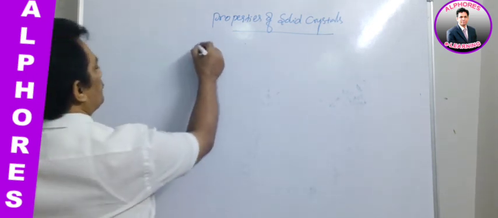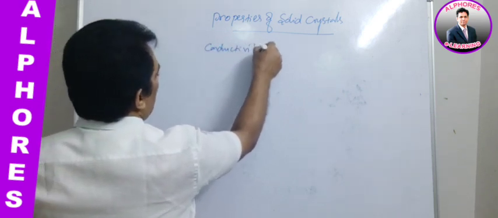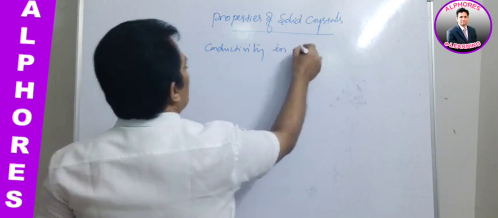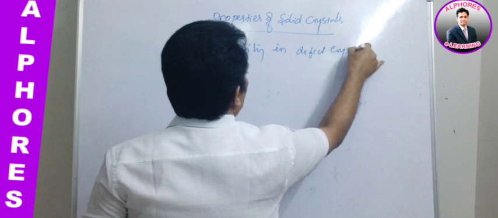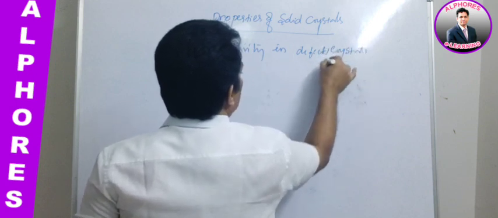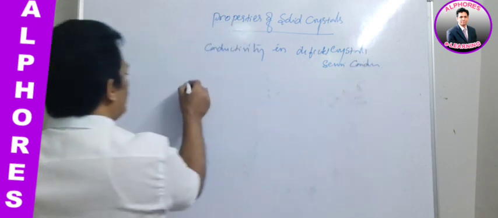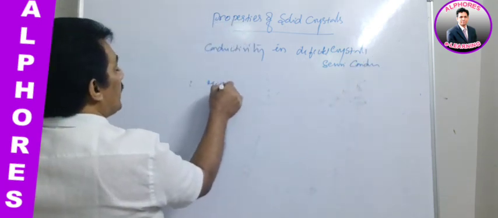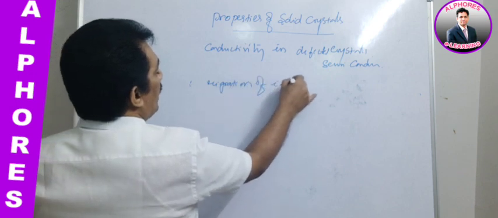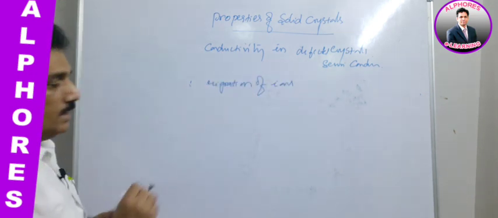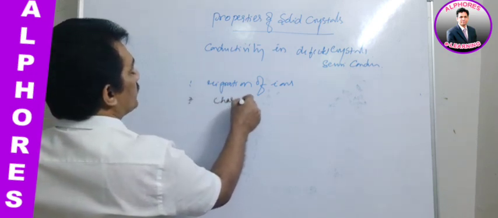One is that conductivity or conductance in defected crystals, that is, defected semiconductors, is due to migration of ions if they are ionic crystals. Clear? And the second one is due to charge imperfections.